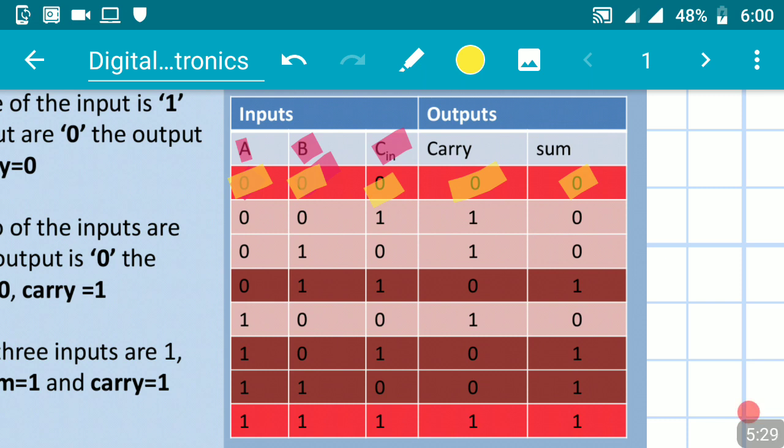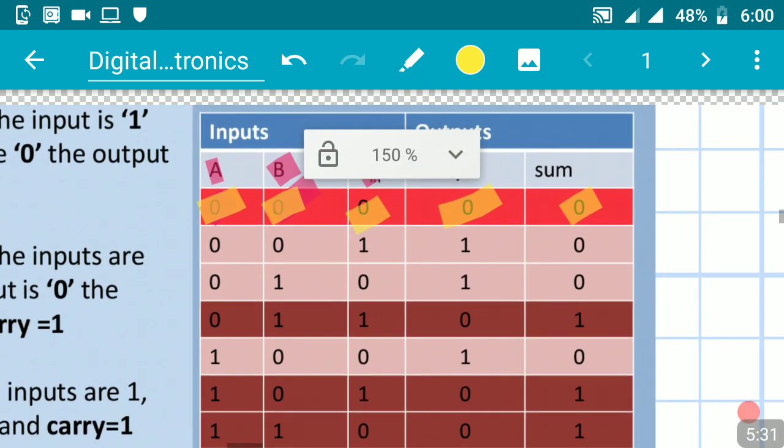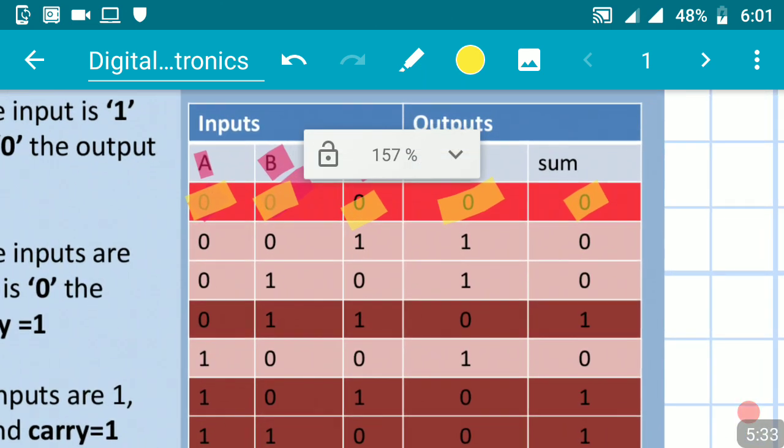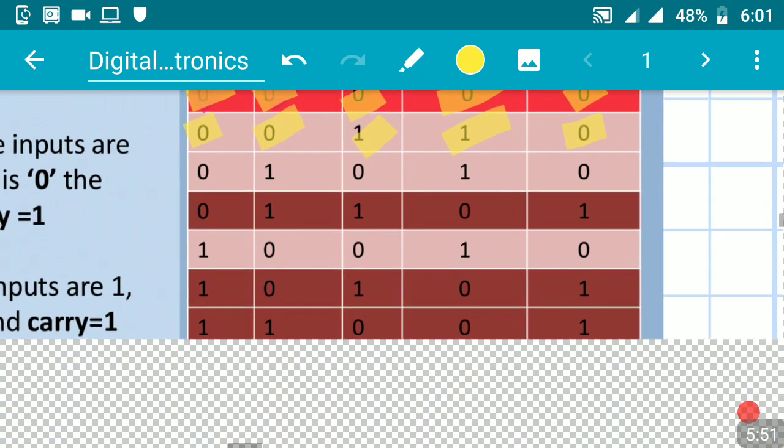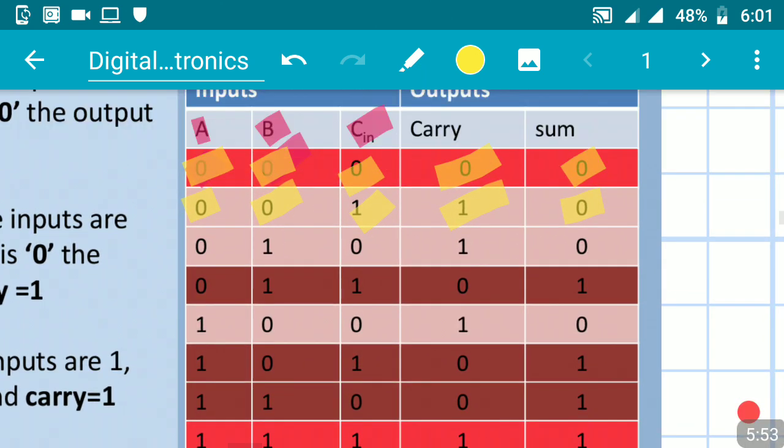Then we go to the second line. Here your A, B both are 0, but C is 1. 0 plus 0 plus 1 gives you sum as 0 but carry as 1. Sorry, because sum should have been 1, carry should have been 0. It's a small mistake over there.